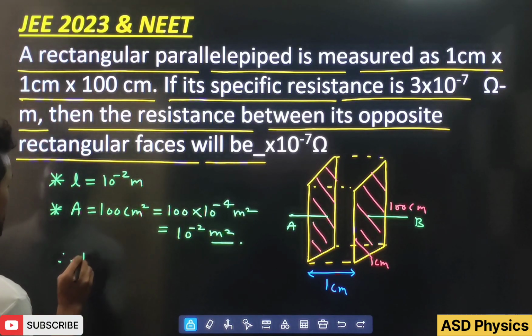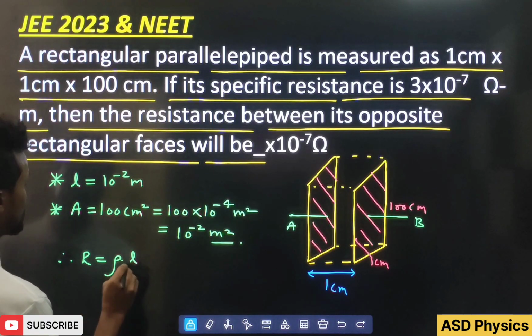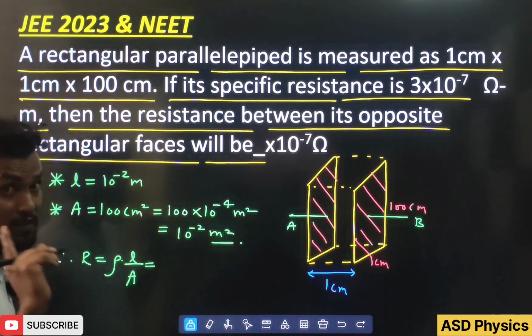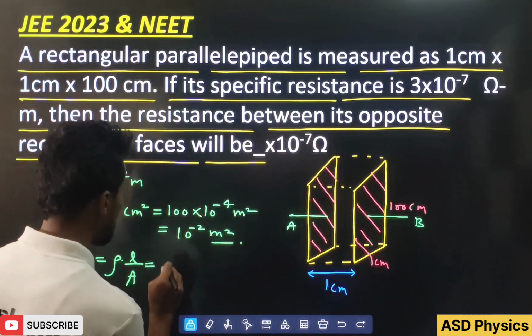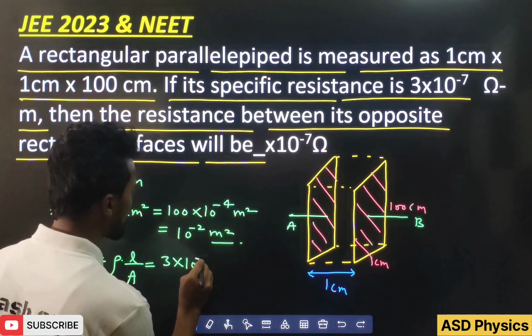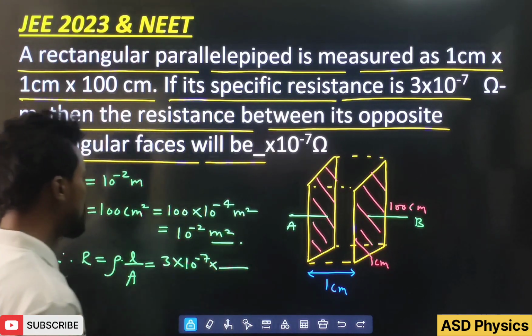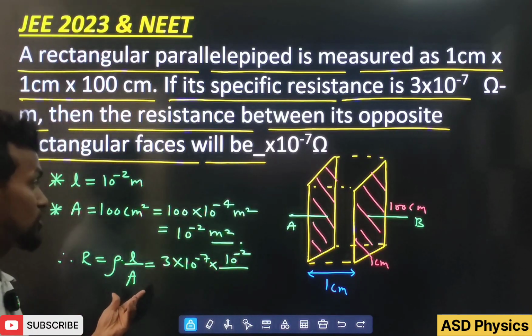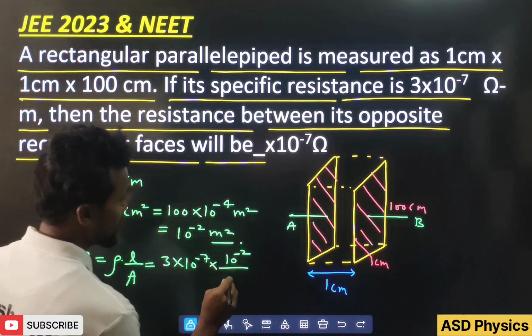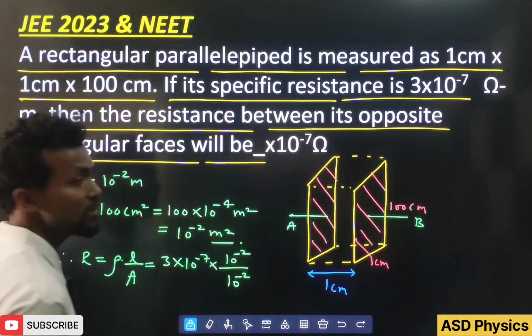Now if I write here the resistance, resistance is given by rho L by A. The rho value given here is 3 into 10 power minus 7. Length is 10 to the power minus 2, by area of cross section, which is also 10 to the power minus 2.